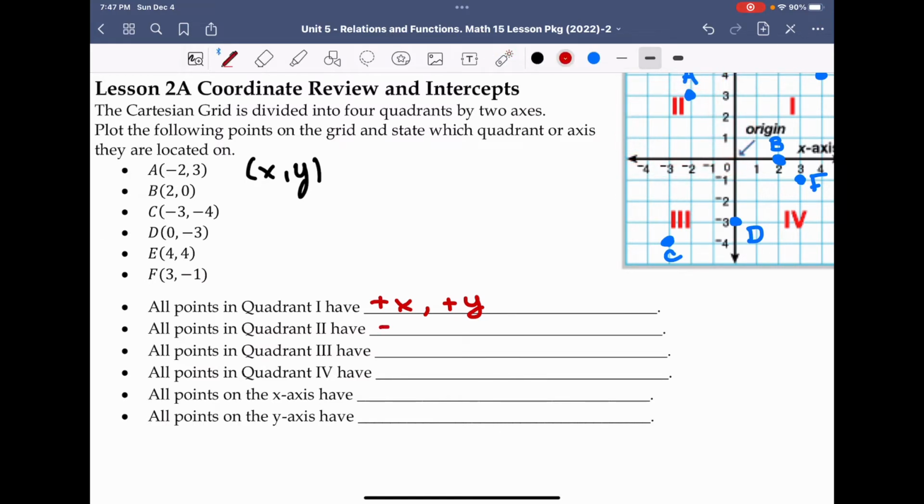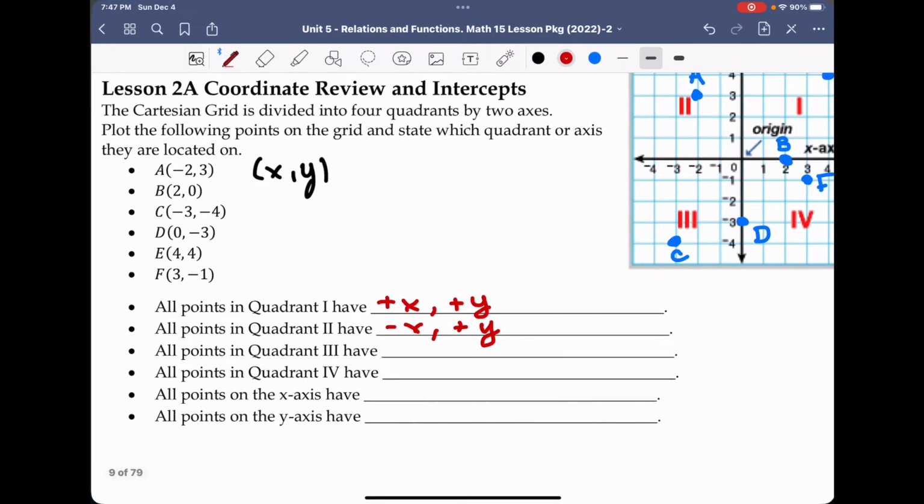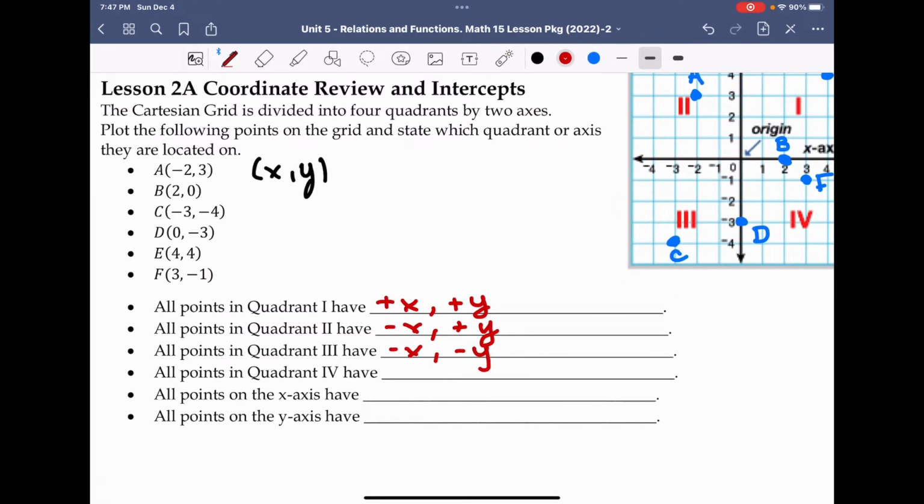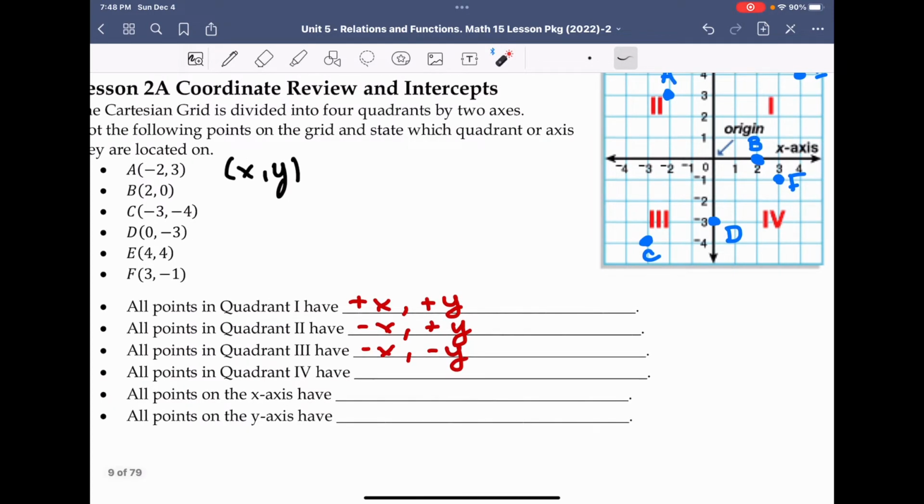In quadrant 3, the one just below it, we see that they're both negative, so we're going to put negative x, negative y. And then in quadrant 4, our bottom right quadrant on the Cartesian plane, we have positive x values, negative y. So positive x and negative y.